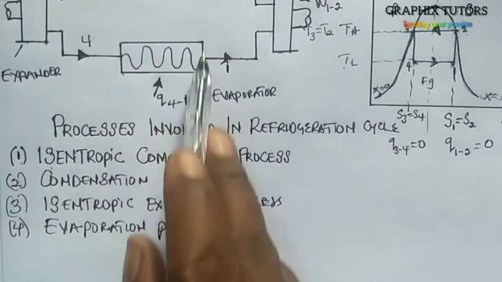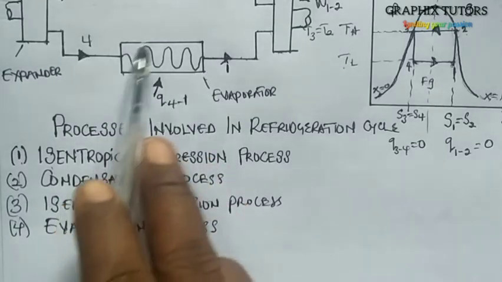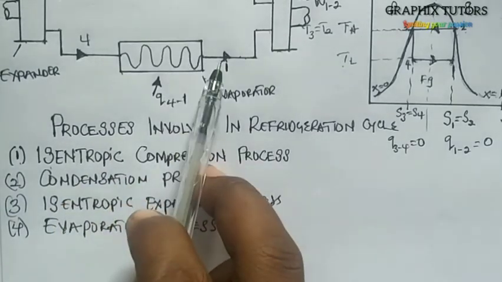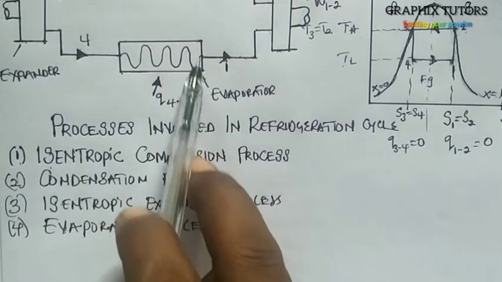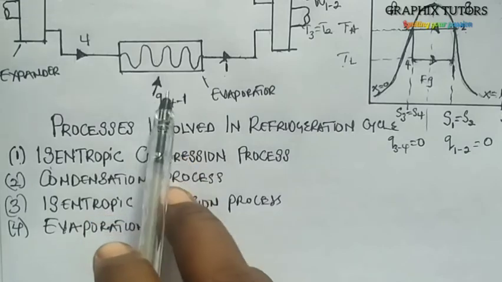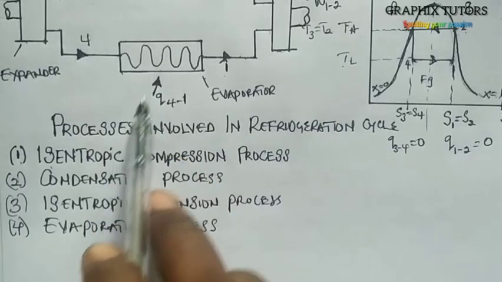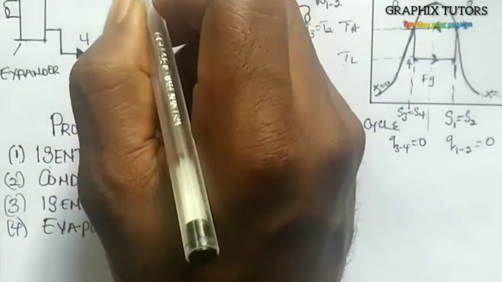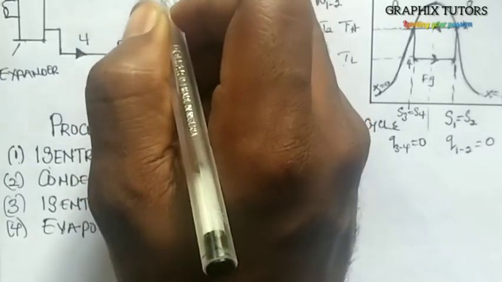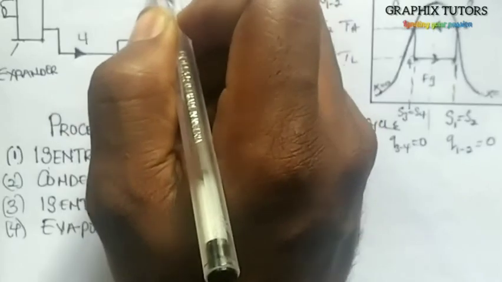So as it enters here, it starts boiling. As it's boiling, it starts evaporating at low temperature and pressure to state 1. So at the evaporator there's heat added. At the condenser, heat is rejected. So I use Q2 to 3, heat is rejected.